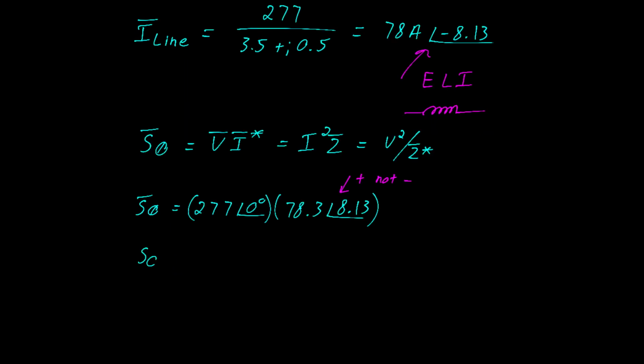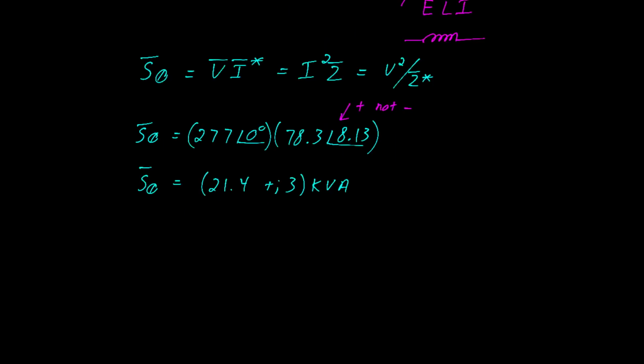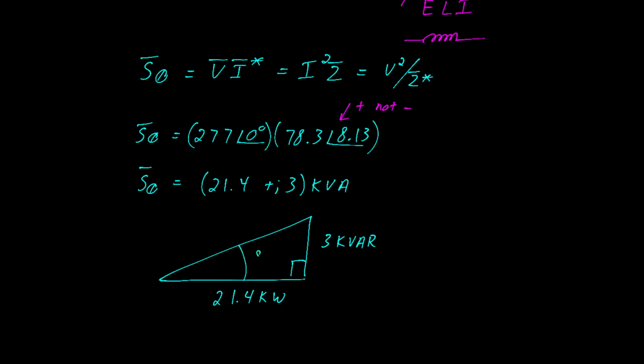Solving for S, we see that that's 21.4 plus j3 kVA. If we sketch out the power triangle, the real power is 24.4 kW, 3 kVARs, an angle of 8.1 degrees. Here the power triangle pointing up implies that it's inductive, and the apparent power is 21.7 kVA.